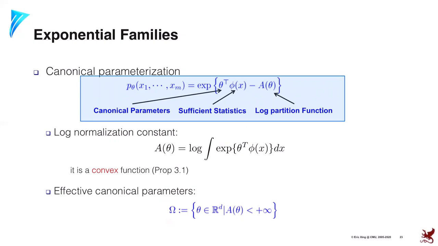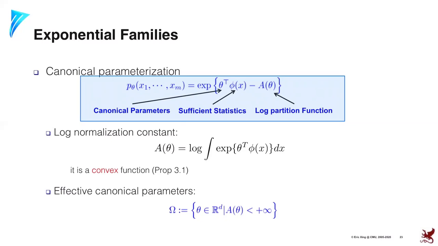So for the exponential families, there are two examples. One can be the Gaussian MRFs, and the other can be the discrete MRFs. Both of them can be represented in the form of exponential family. I just list these two as examples of how a lot of things can be represented in the form of exponential families.